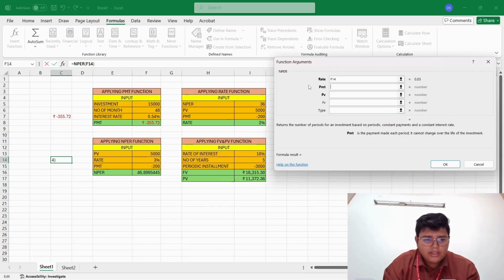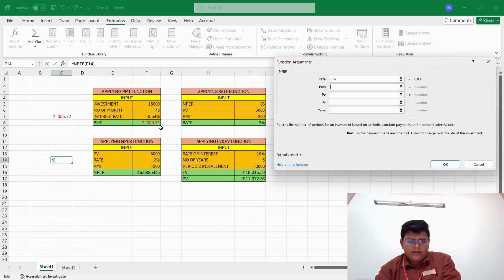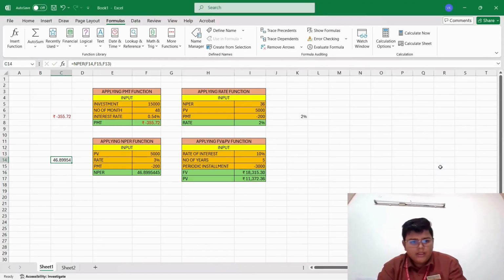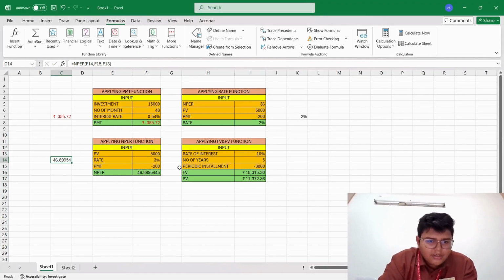If we want the answer to change when you give other inputs, you should select the cells, not type the numbers. Then we click on the PMT cell and the last PV cell, and when you click OK, it will give the same exact answer.